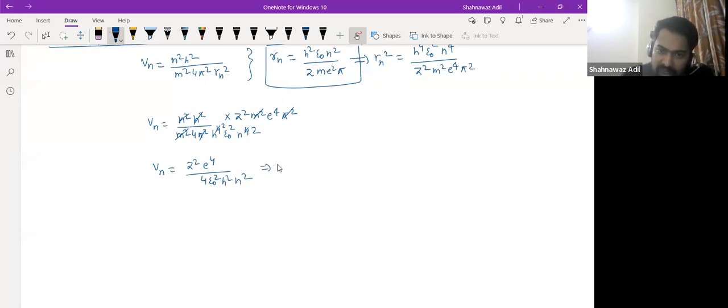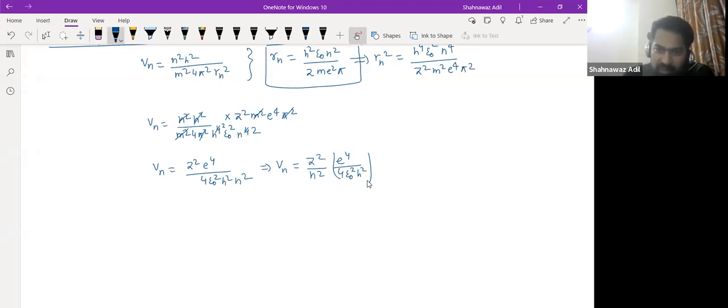So this would be the Vn, and if you write it properly, this is Z square by n square, and this is e4 by 4 epsilon naught square h square. So this is the other thing.